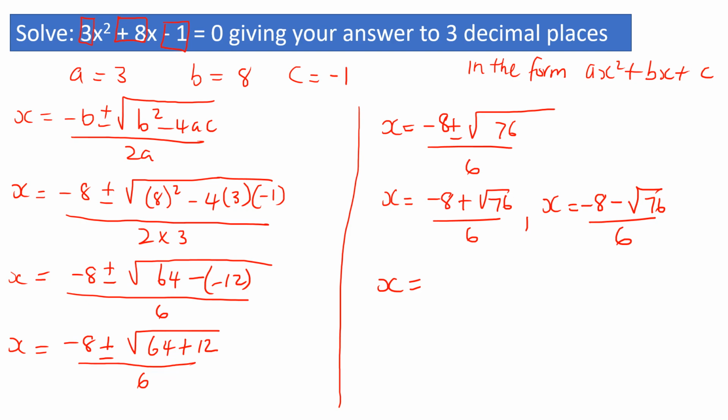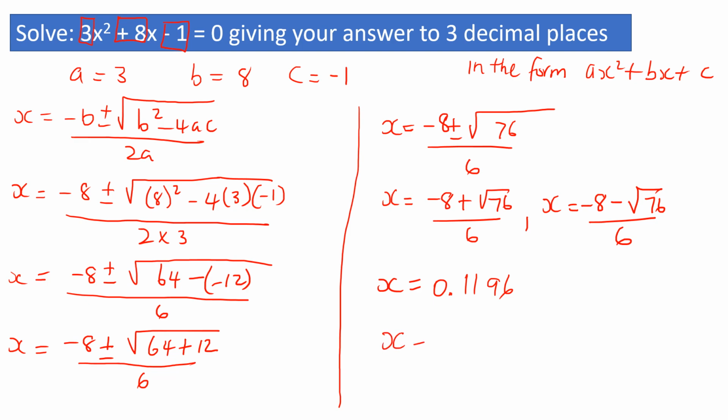I'm going to leave it as it is there, divide by 6 on my calculator, and it gives me 0.1196. So I have 4 decimal places, but remember I wanted 3 decimal places.